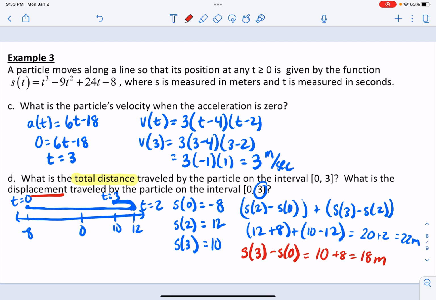So I basically traveled in relation to where I started. I'm 18 meters away. But I went a total of 22 meters, I apologize. Okay? So that is my video on solving rates of change, or I typically call this particle motion.